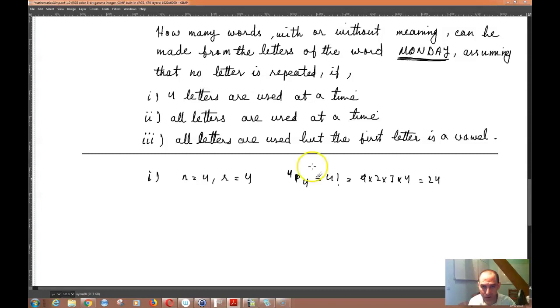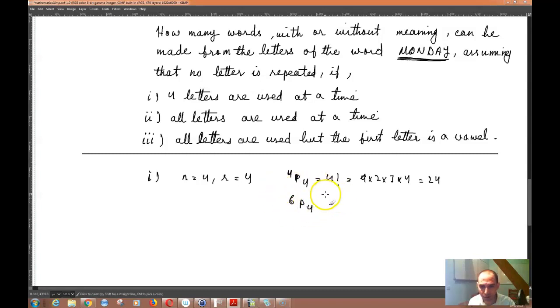Or maybe you have 1, 2, 3, 4, 5, 6 letters here. Maybe what they mean by that is 6 permutation 4. But let's see, the answer to number 9 is 360.